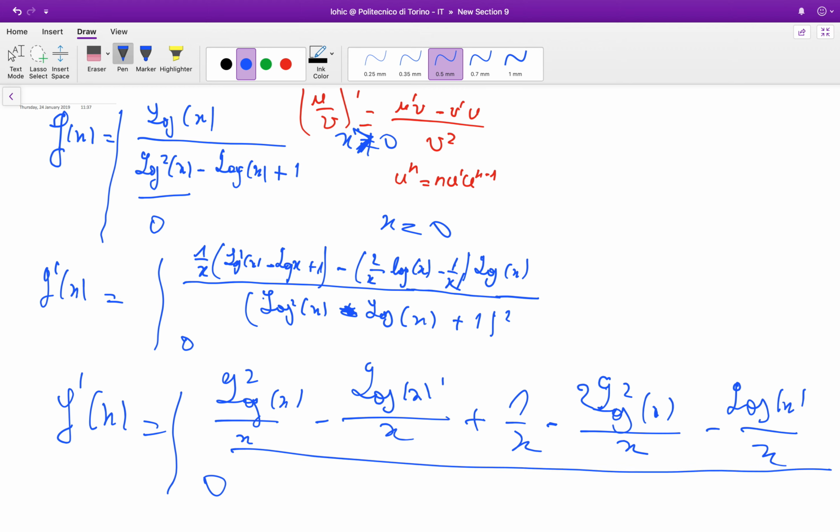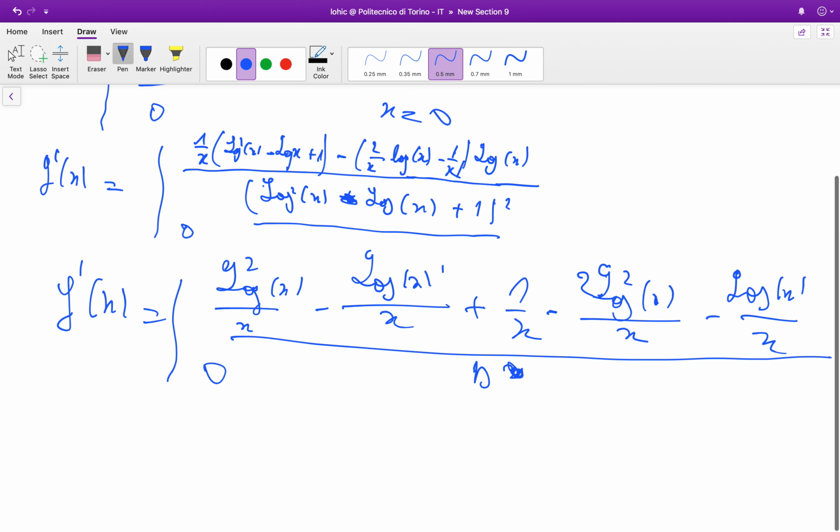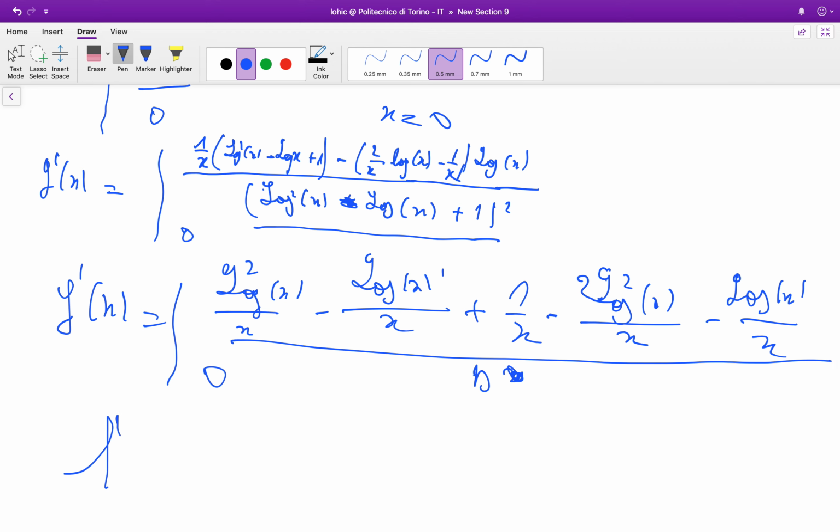All this over, let me just write the denominator, right? I mean this denominator. So let's just say the denominator is all this stuff. So we get g prime of x equal to what?